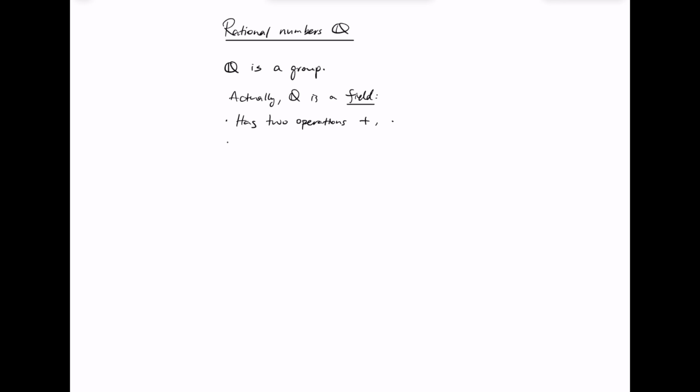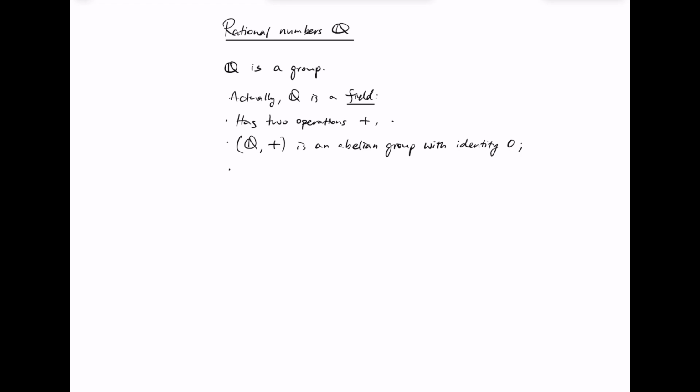First of all, when you consider Q with the operation plus, it's an abelian group, meaning that A plus B equals B plus A. And it has an identity, which we call 0. In this abstract language, 0 is a thing which, when added to something else, preserves that thing. So A plus 0 always equals A.